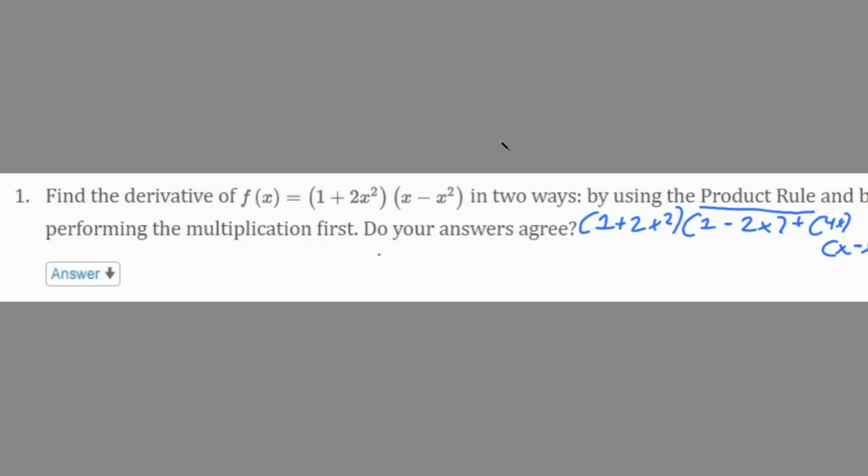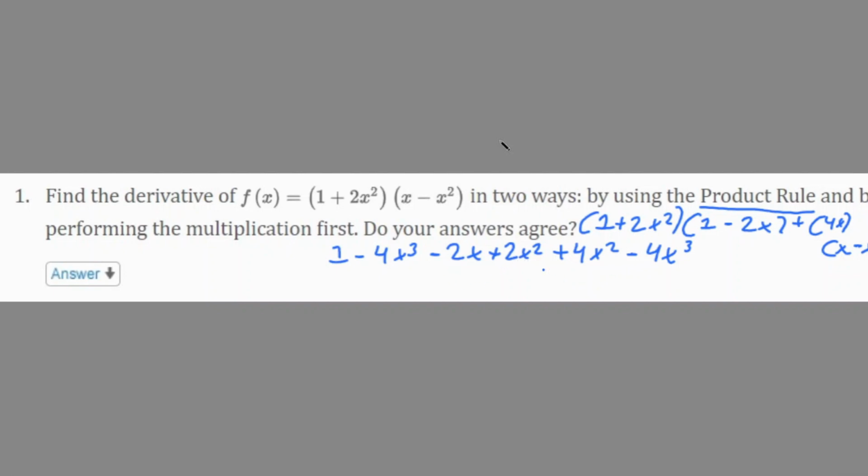So if we simplify all of that out, we get 1 minus 2x squared times negative 2x is negative 4x cubed, and then we get 1 times negative 2x is negative 2x, and then we get 1 times 2x squared is 2x squared, and then we add all of that to 4x times x is 4x squared, and then 4x times negative x squared is negative 4x cubed.